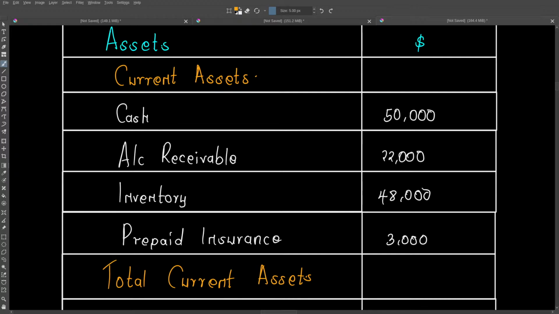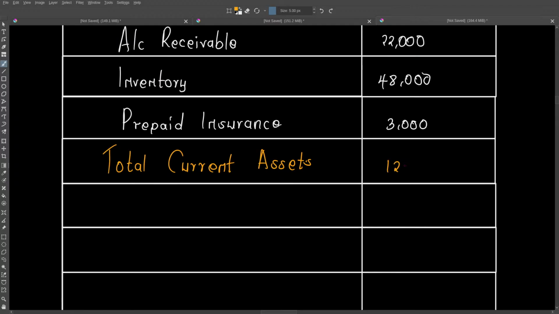They start with cash, the easiest asset to liquidate, but most companies use current assets and then non-current assets. So our total current assets are 123,000.